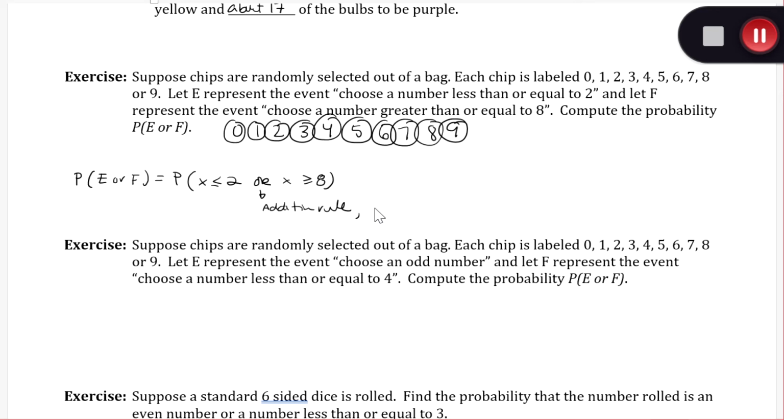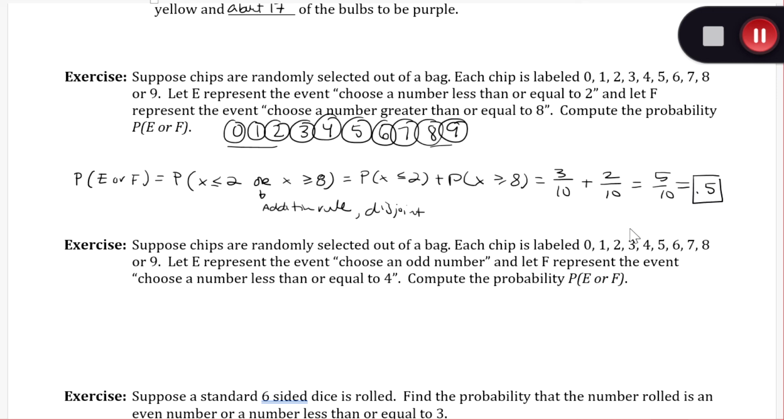You cannot, so we're disjoint. So the probability of x less than or equal to 2 plus the probability of my chip being greater than or equal to 8: here we have 3 out of a total of 10 plus 2 out of a total of 10, or a half.